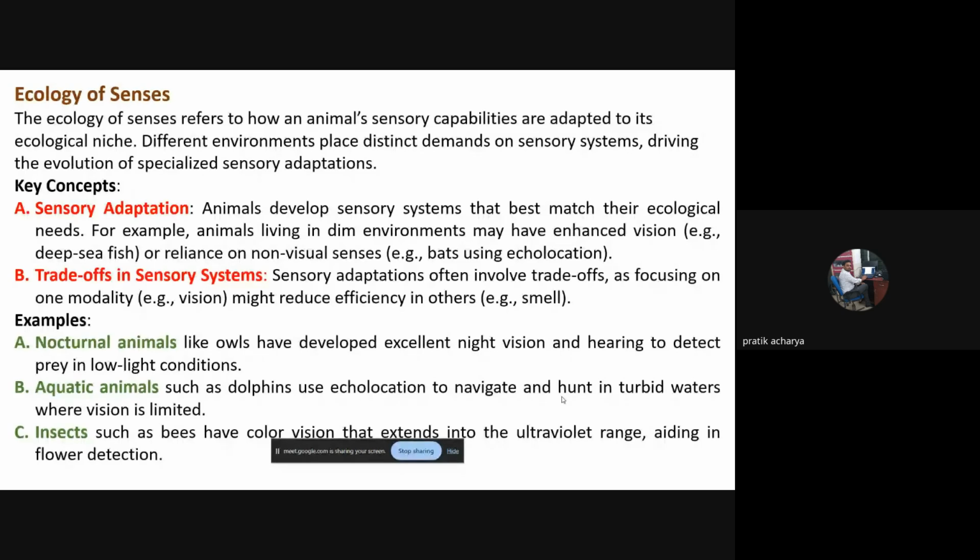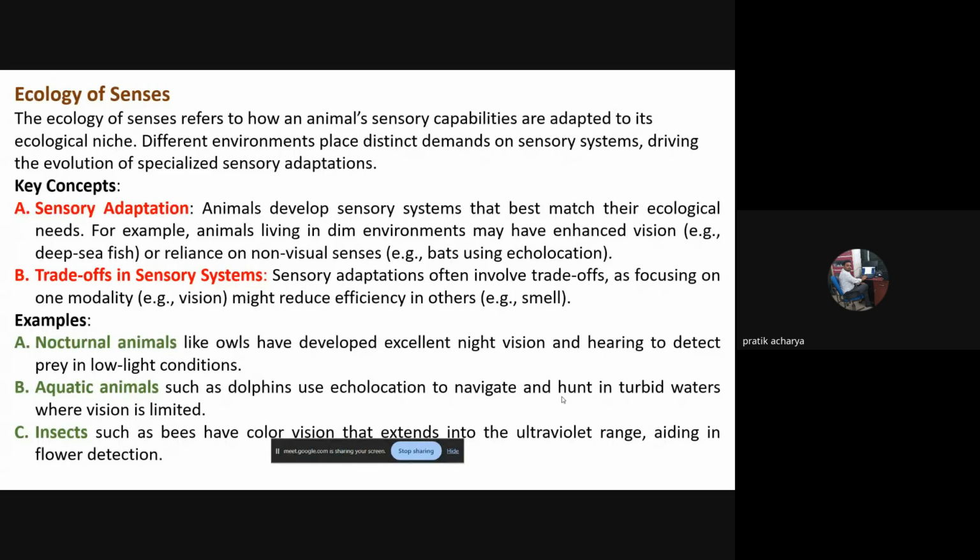Deep sea region is completely dark. So for survival, the organism has sensory adaptation. They develop more sensory adaptation. Here the example expresses what? The deep sea fishes have more developed vision for their survival.